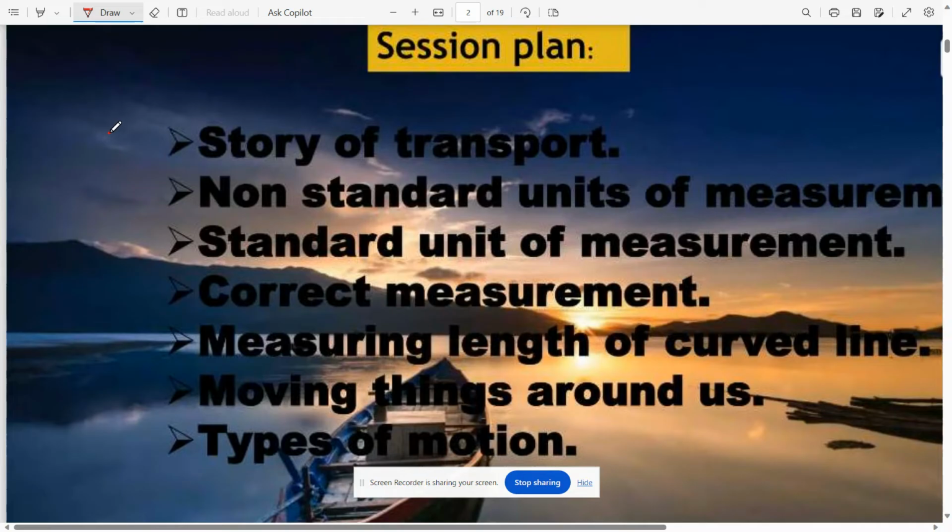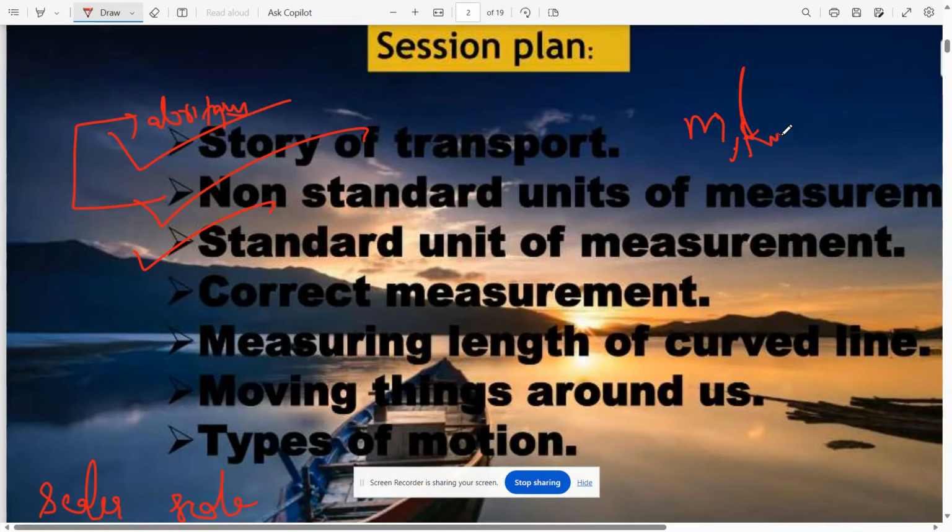Session plan is like this: theory of transport, non-standard units of measurement, standard units of measurement. Non-standard basically means arbitrary units which were used in ancient times, because there were no scales at that time, meaning they didn't have units like meters, centimeters, kilometers.